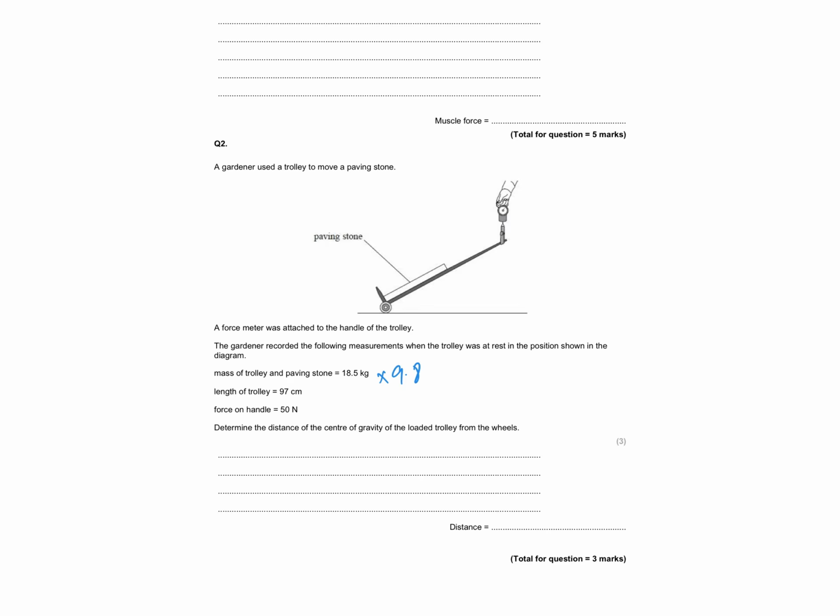If we put that into our calculator, 18.5 times 9.8 gives us a value of 181.3 newtons. We know the length of the trolley, that's 0.97, and the force on the handle, so that's this one, is then 50 newtons.